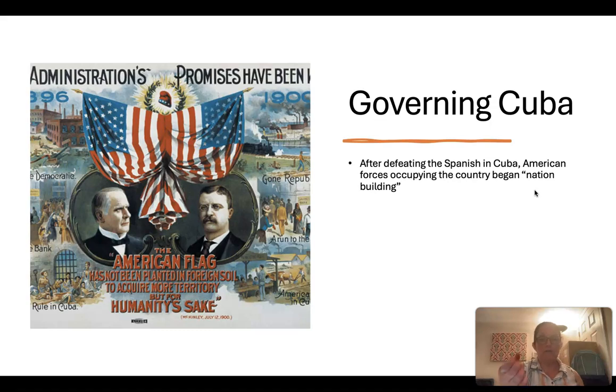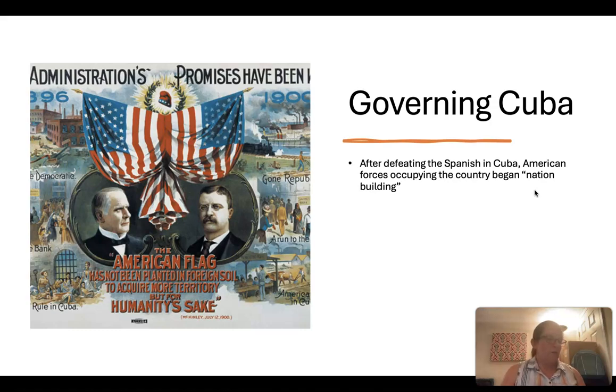As you can see here, it's touting that the administration's promises have been kept. And it's saying that in 1896, there was this Spanish rule in Cuba, and the Cuban people were horribly oppressed and imprisoned. Now Americans are in control in Cuba, and everything is going great for the Cubans.